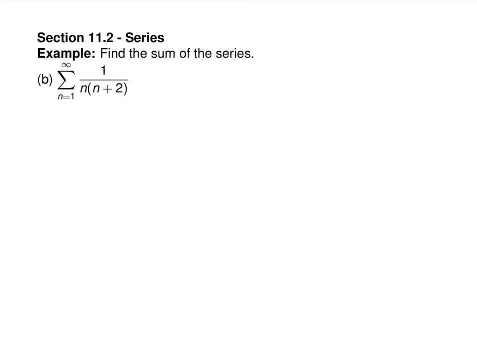Another series we could find the sum of exactly was a telescoping series, and one trick for a telescoping series was to use partial fractions. So 1 over n times n plus 2, well, that will be a over n plus b over n plus 2, or 1 must be equal to a times n plus 2 plus b times n.